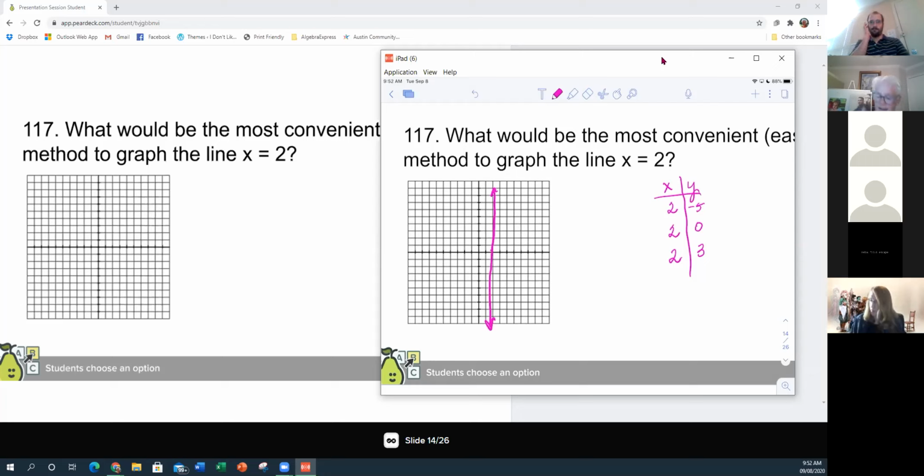So if you recognize that x equals a constant, that means just a number, is going to be a vertical line, then you're in good shape. But if you don't, then just plot some points and you'll get it too.